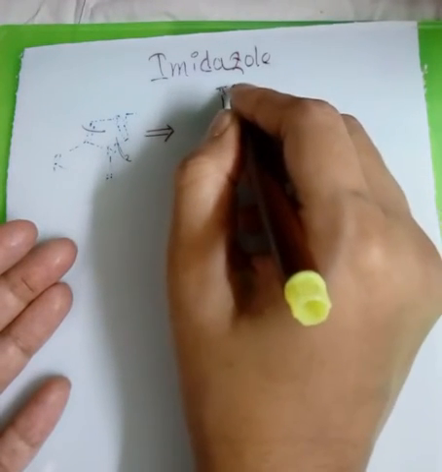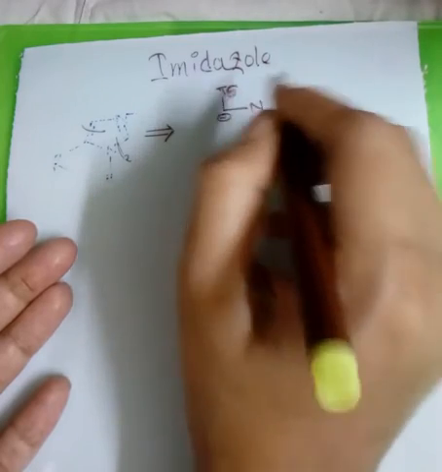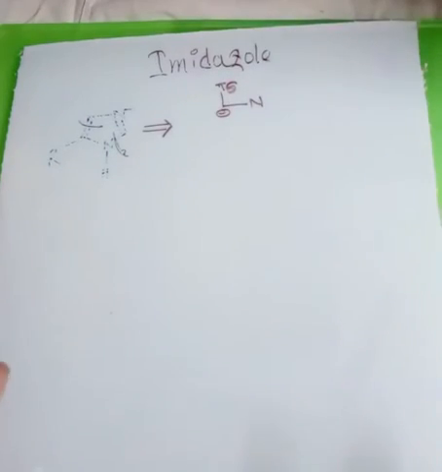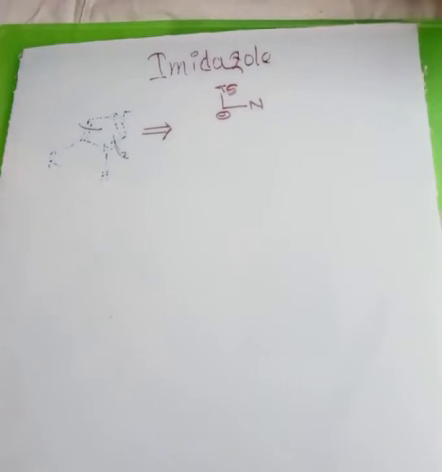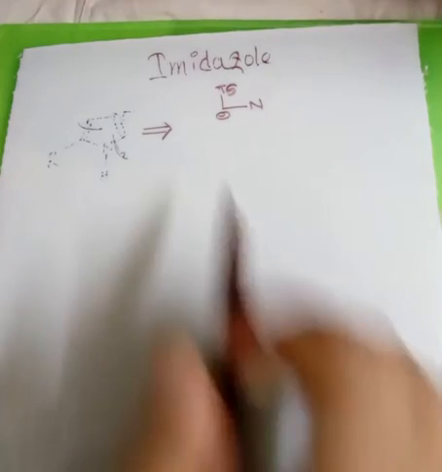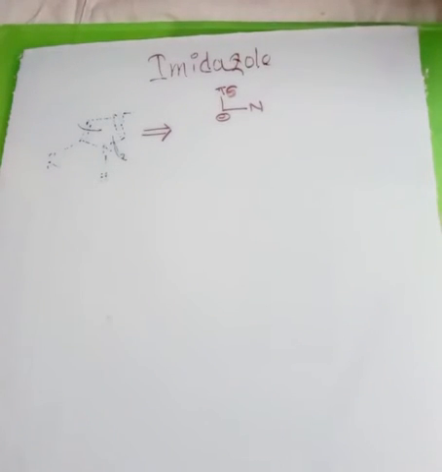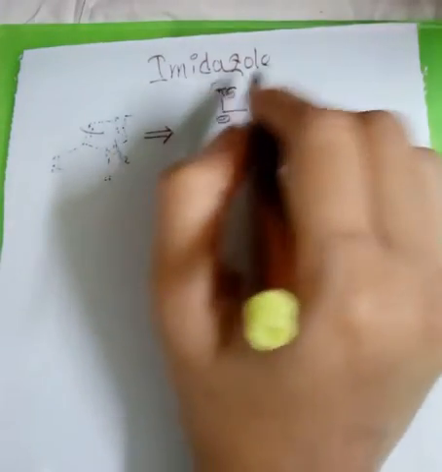Here should be a substituent, that is Ts, tosyl group, which activates the acidity of that position, and hydrogen gets easily detached from that position and anion forms, and the anion gets stabilized by that tosyl group.